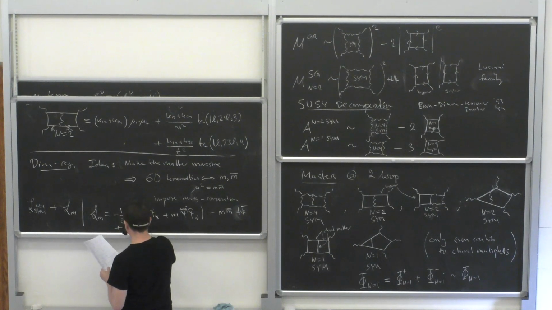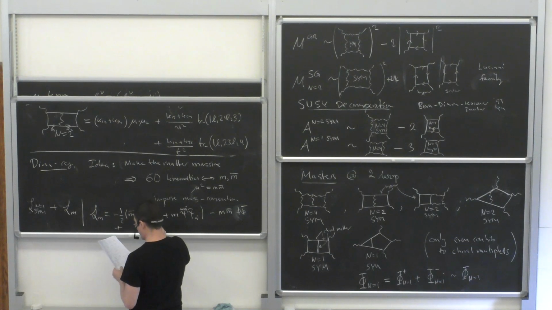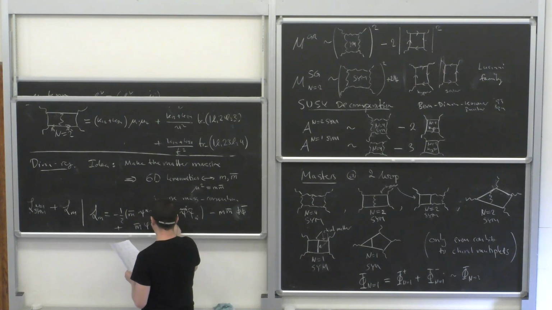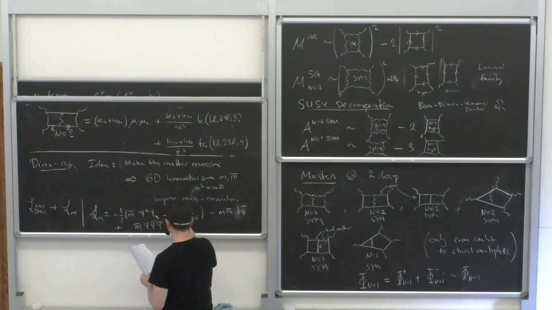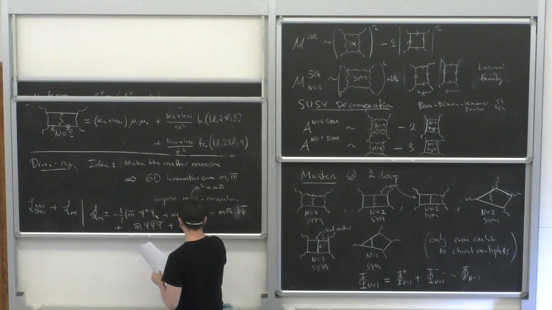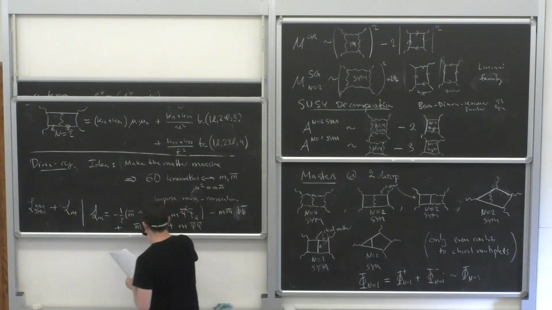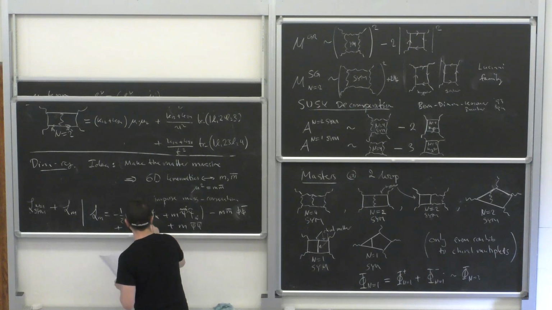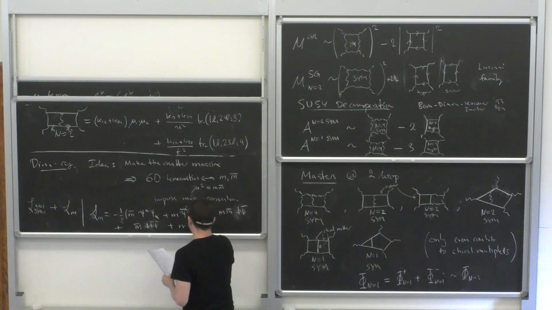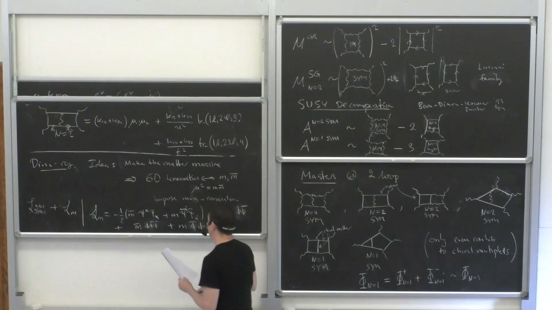In order to preserve supersymmetry, we need to write down this interaction, phi bar, phi bar, plus the complex conjugate. Sorry, now I'm using the wrong phi.